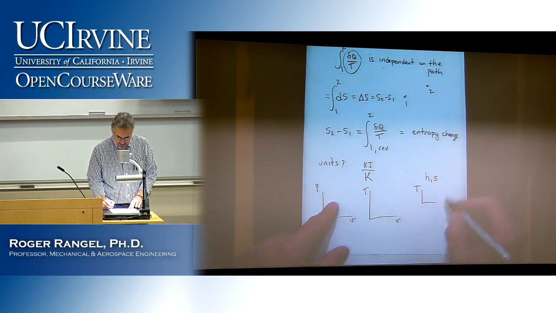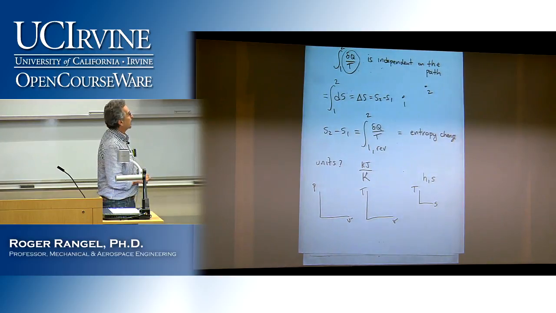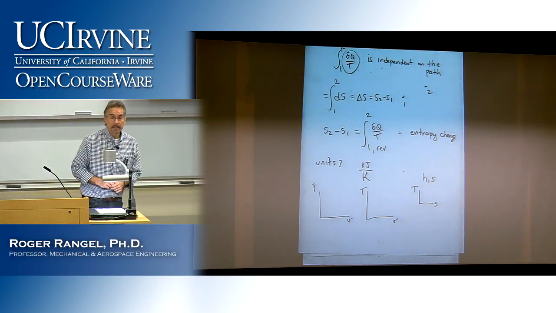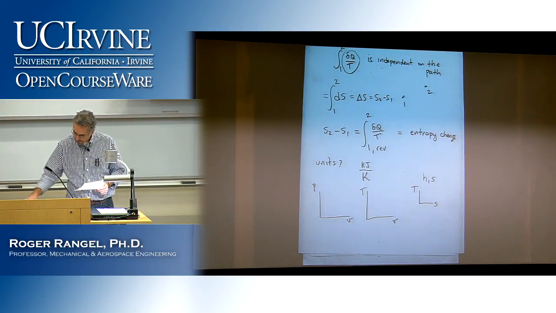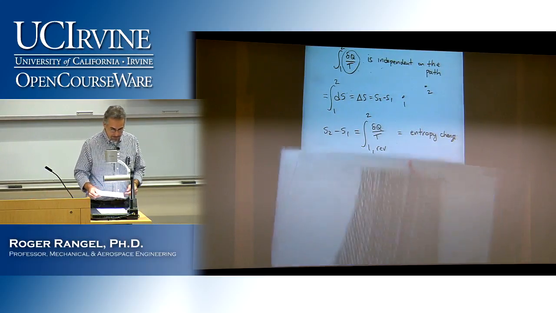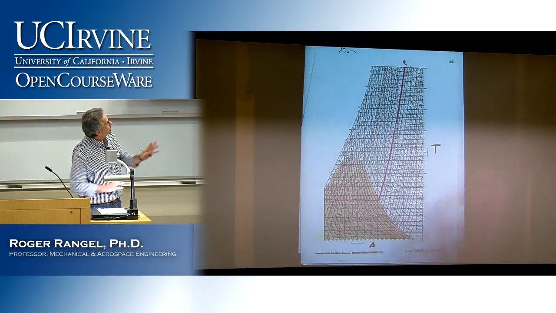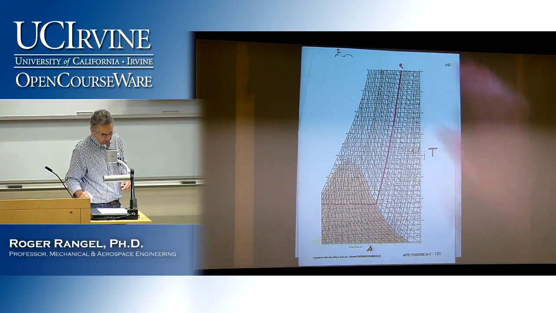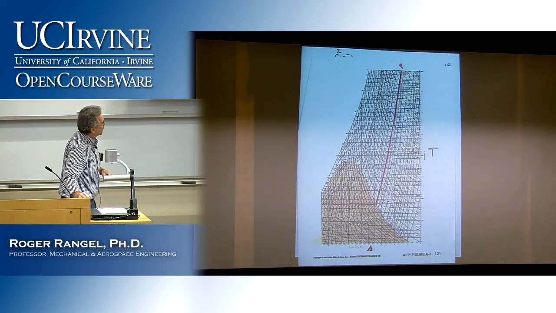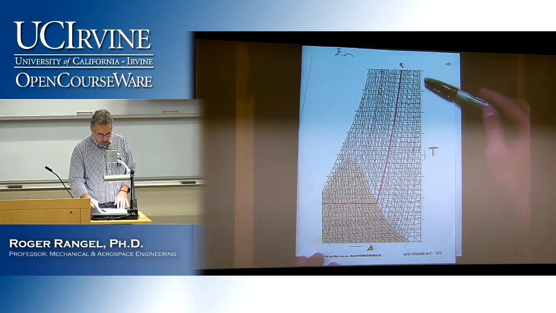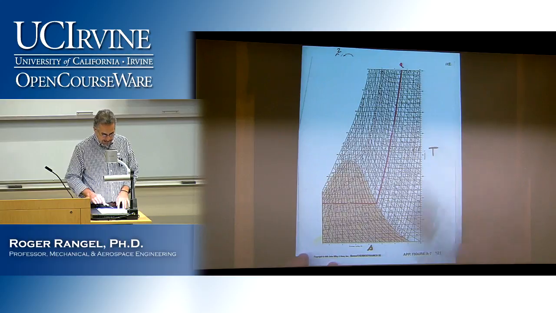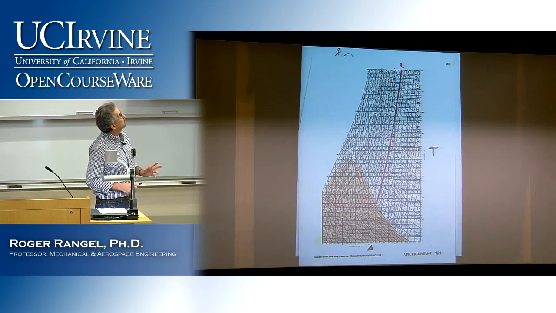That actually happens to be, as you will see in a moment, quite convenient. But let me show you what it looks like. Don't panic about how busy this one is, because it's just so many lines. I'm not wanting you to read all of these lines by any means. But just to show you what a typical TS diagram looks like, this is a TS diagram for water.